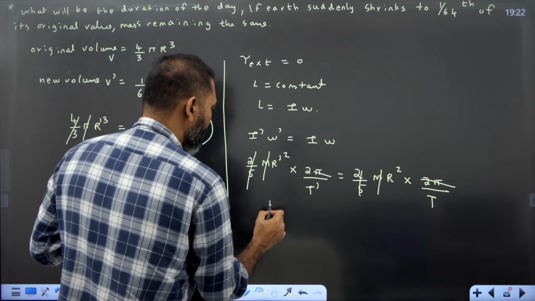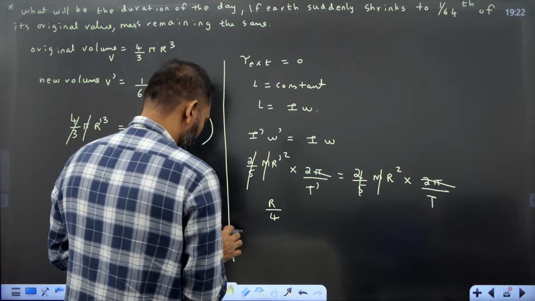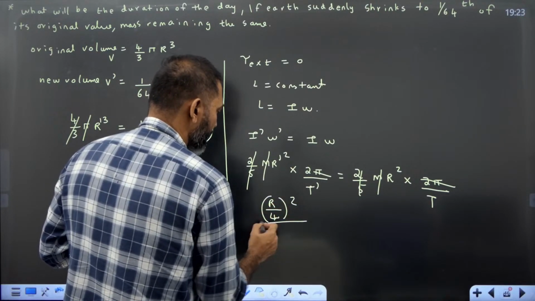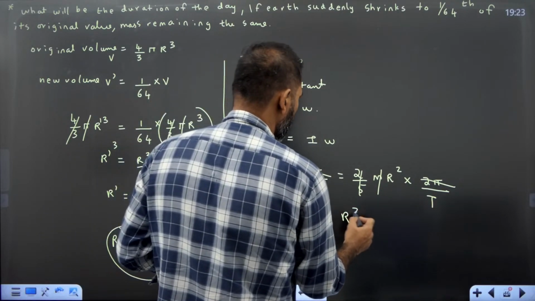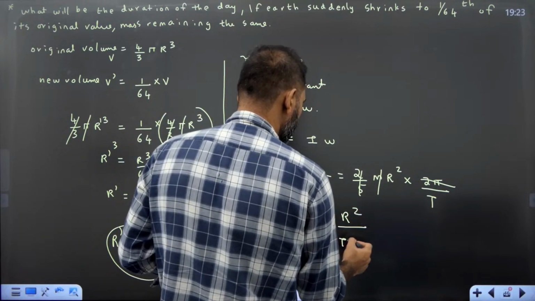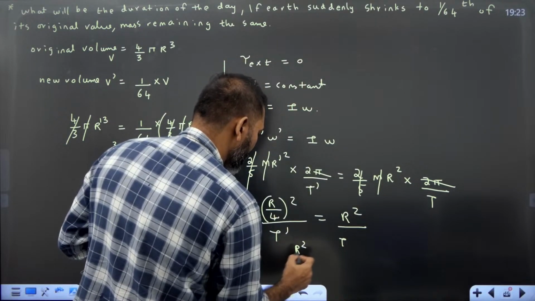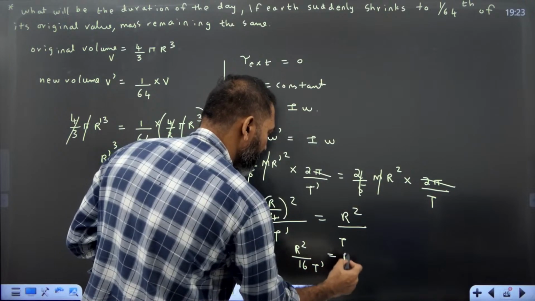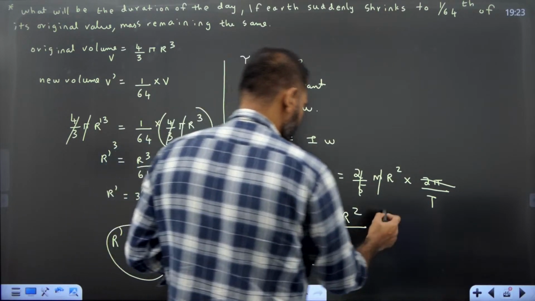So, (r by 4) the whole square by t dash is equal to r square by t. So, r square by 16 t dash is equal to r square by t. r square gone.